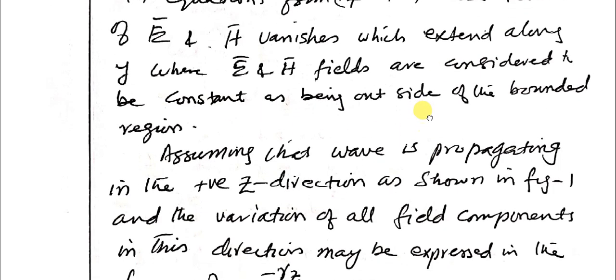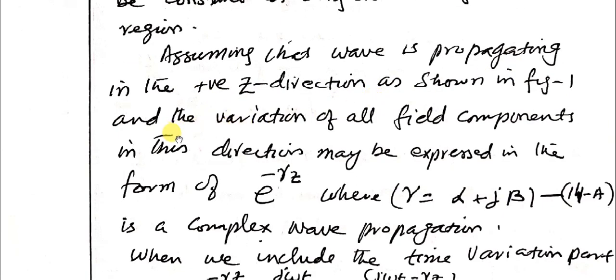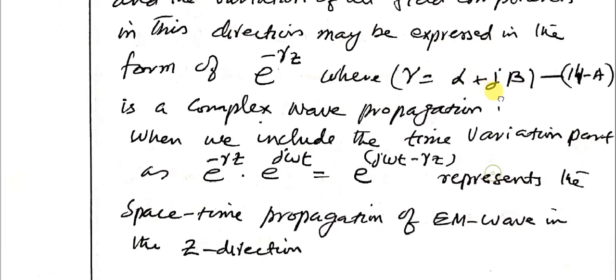Assuming that the wave is propagating in the positive z direction as shown in the figure, the variation of all field components in this direction may be expressed in the form e to the minus gamma z, where gamma is equal to alpha plus j beta, a complex wave propagation constant.